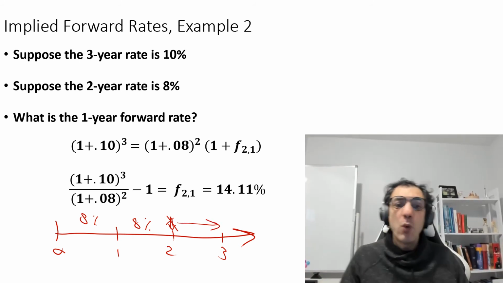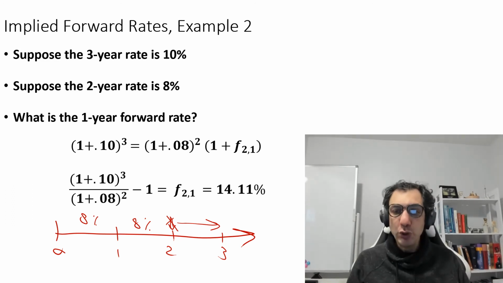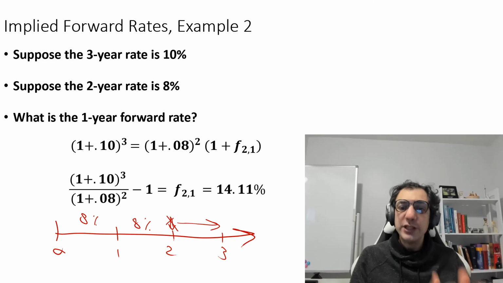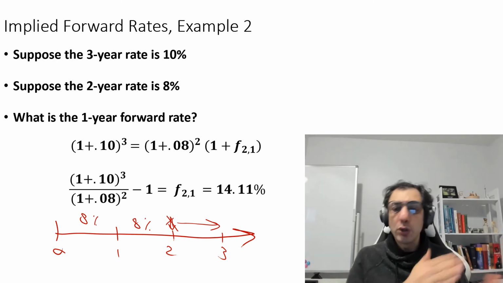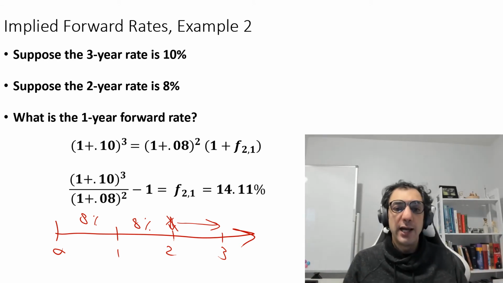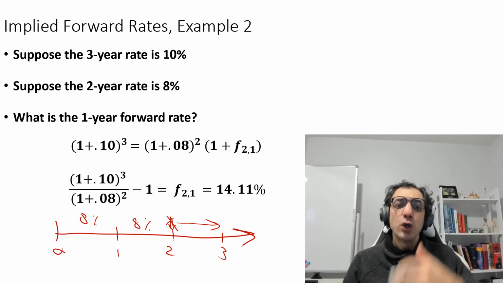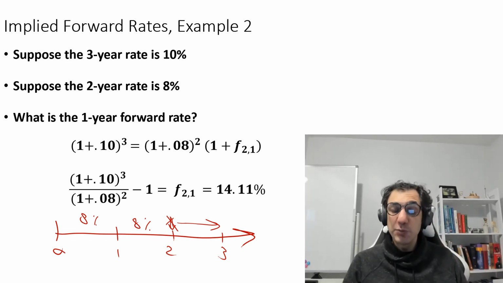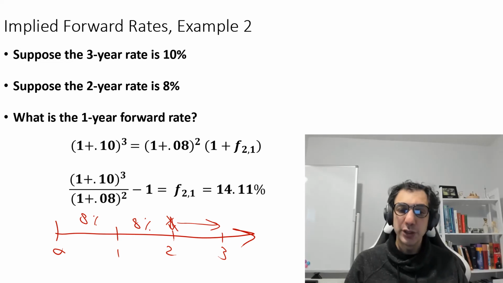That's why I'm saying F2,1. So F2,1 means the forward rate 2 years from now, and you are going to calculate for the following year. Using the same formula, this time just be careful with the power. So it's 1.1 to the power of 3, 1.08 to the power of 2, and the forward rate here becomes almost 14.11%.